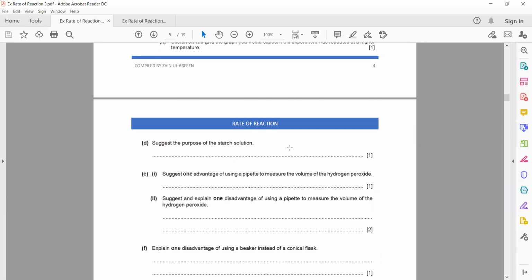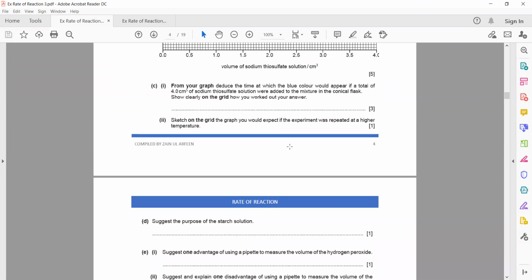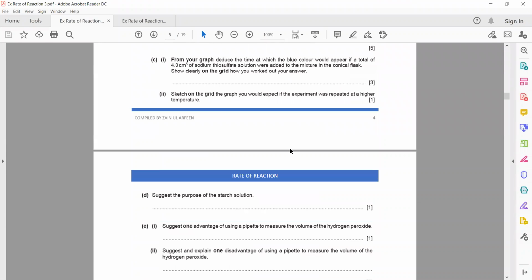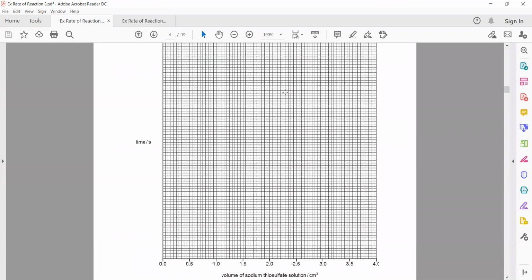Suggest the purpose of the starch. Why do we use starch? Basically, starch is used as an indicator, because if a solution contains iodine or iodine is formed, starch will give a blue color. Here the reaction is sodium thiosulfate reacting with potassium iodide, so the solution will form iodine molecules.